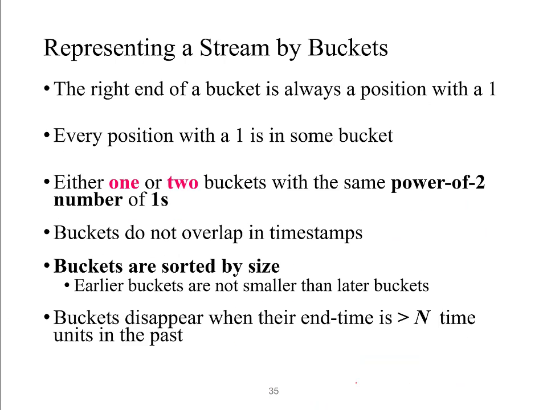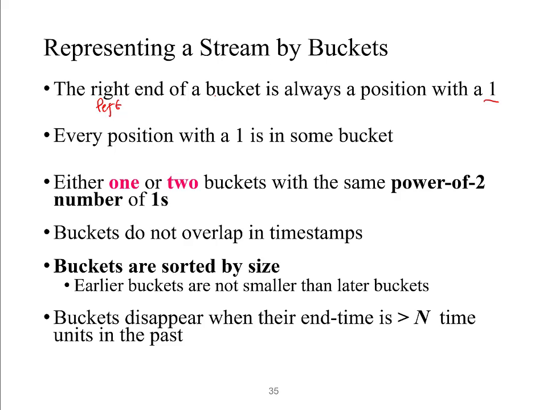All right, so let's look at how we represent a stream by buckets. We first establish some rules. First of all, the right end of a bucket is always a position with a 1. Since we only care about ones in the window or in the stream, the left end of a bucket is always a position with a 1 as well, as you can see in previous examples.